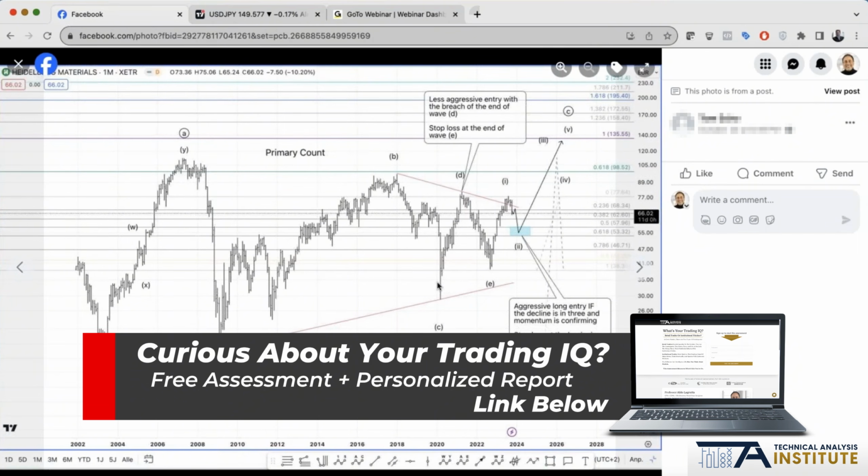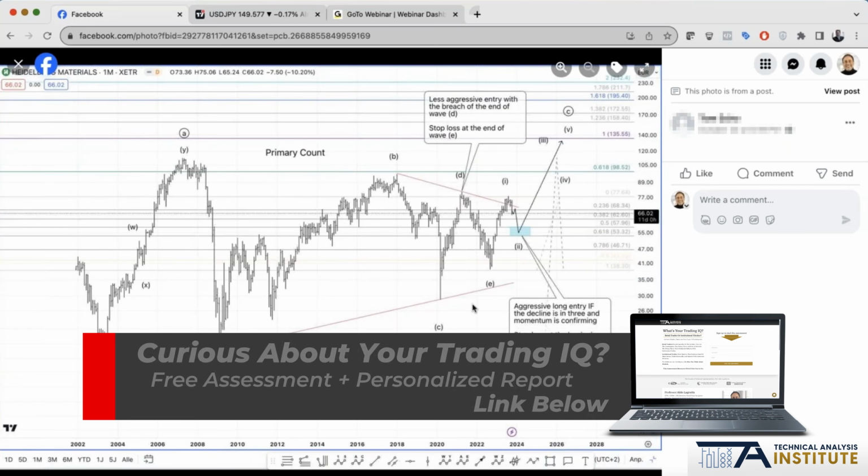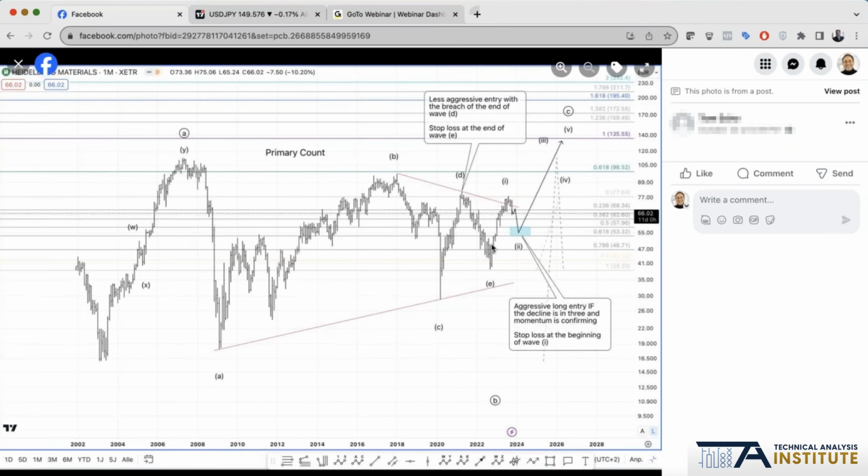Well, we could measure this, project it from here, see this is the 62%, and then we can easily buy there with stop here. It's probably one of the safest ways to do it, in my opinion, because the risk is less. So let's say that you buy there.